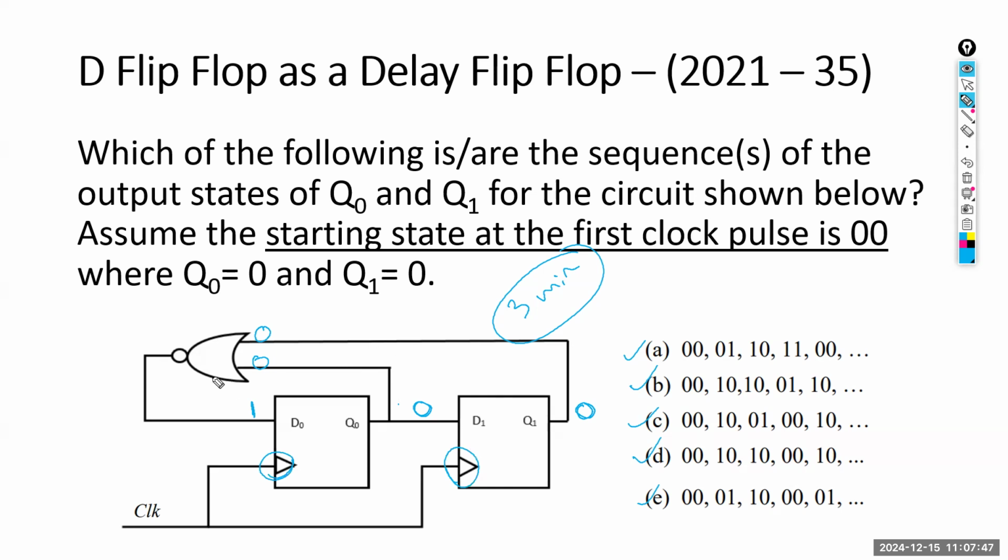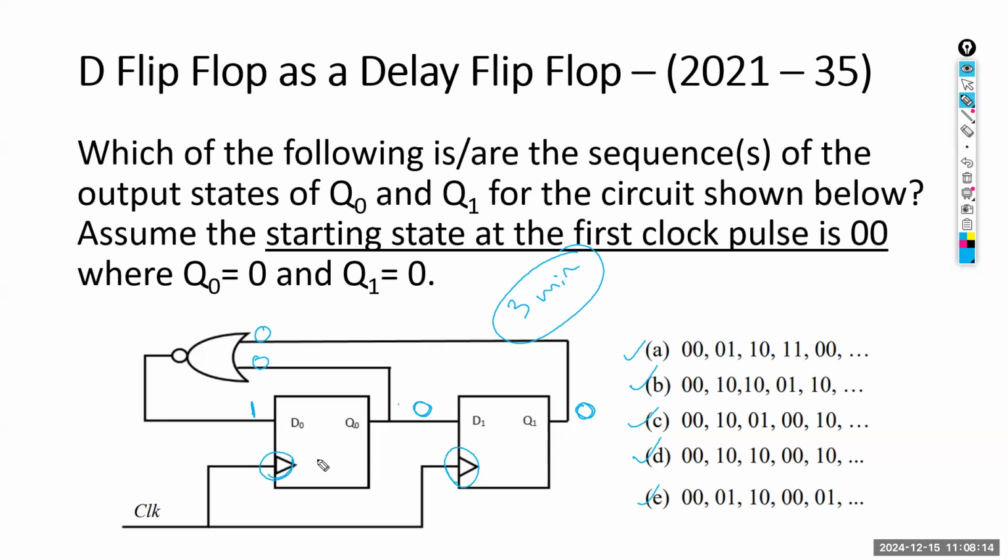But remember, this is not connected to a clock. So when both are 0, immediately it becomes 0 OR 0 is 0, NOT 0 is 1. So when these two are 0, immediately this is 1. There's no delay here, but there's a delay here. That is why we call the D flip-flop a delay flip-flop of one clock cycle. So I gave you enough hints.